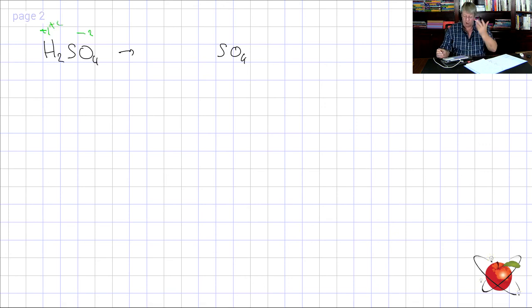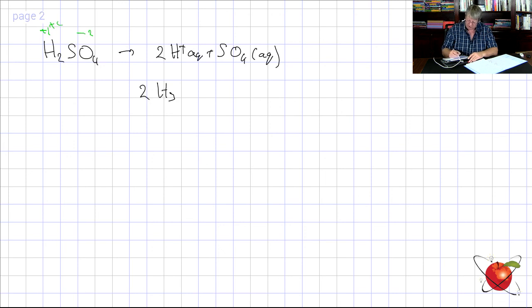And we had to have 2 of them. So when it splits, the SO4 goes off on its own and goes aqueous. All of them go aqueous in water. And what happens here? You get 2H+ aqueous, which means you get 2 H3O+ aqueous, plus SO4 2- aqueous.